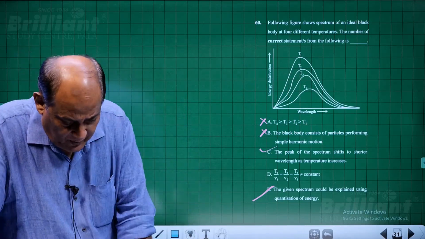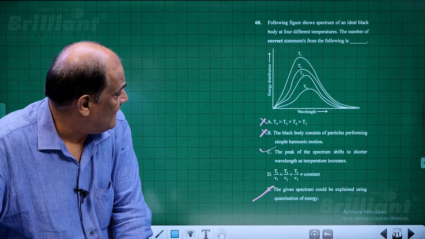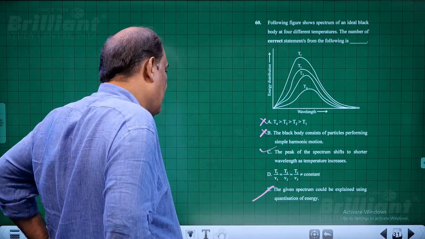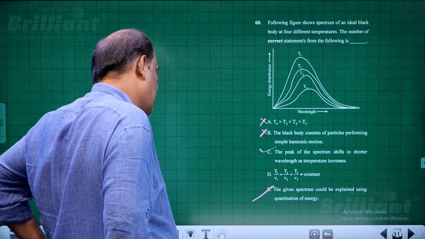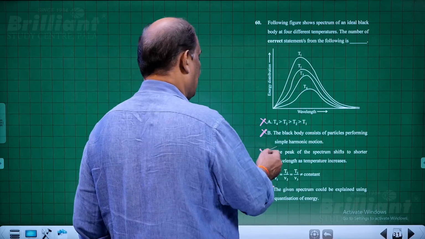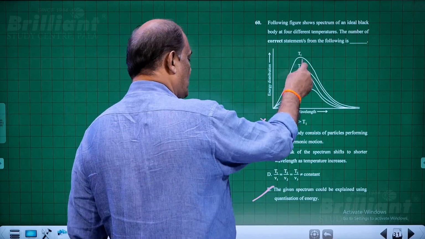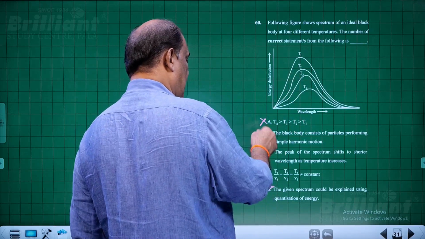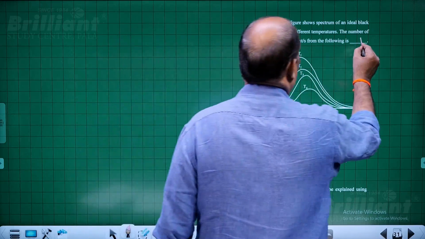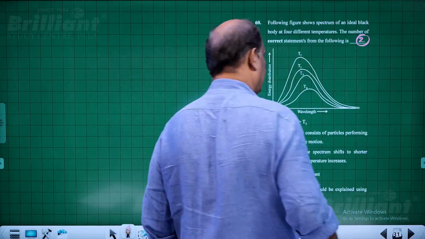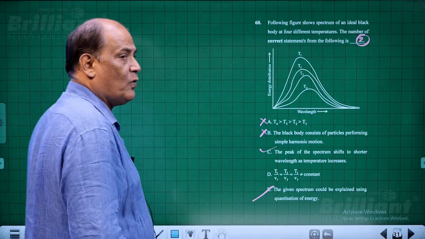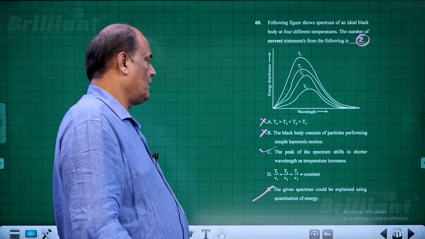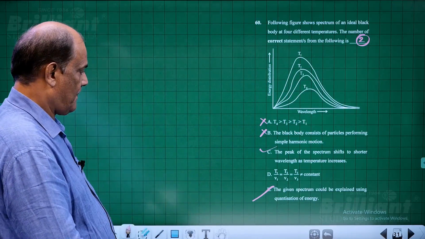So according to the graph, only these 2 are correct. Shorter wavelength means what? More frequency. Only these 2 are correct.